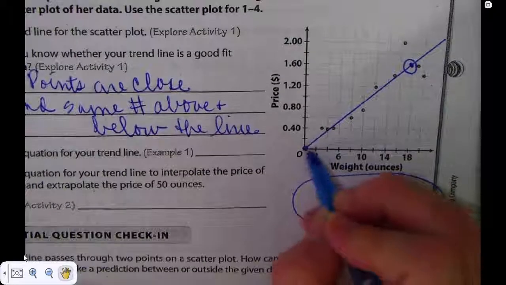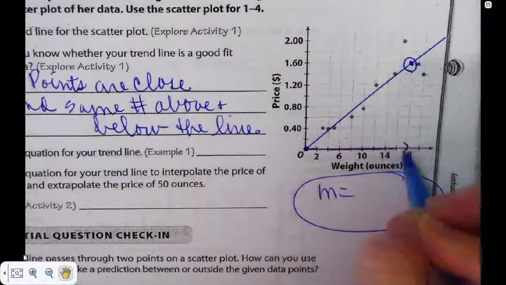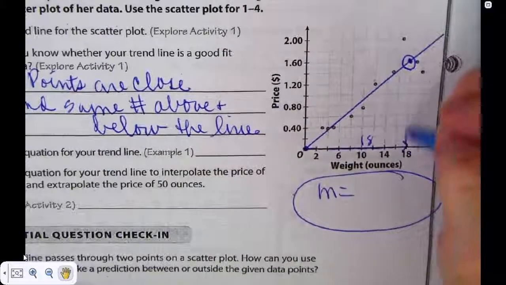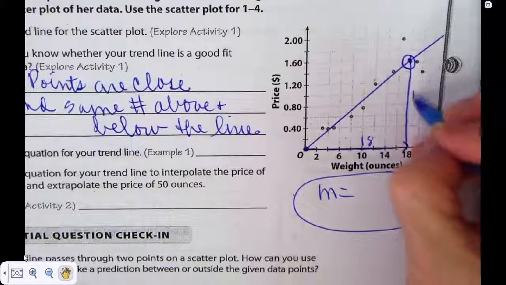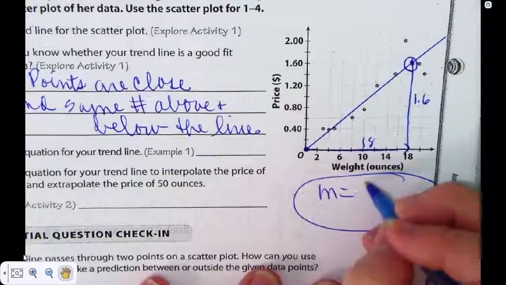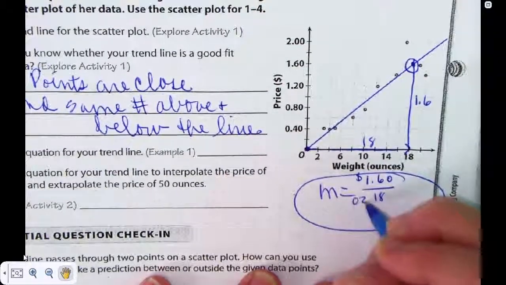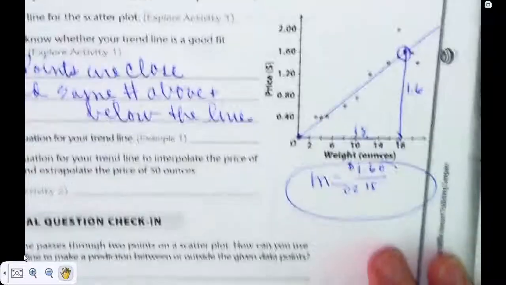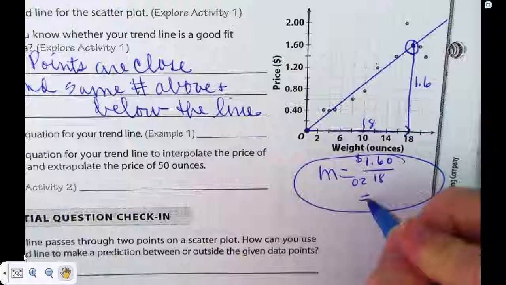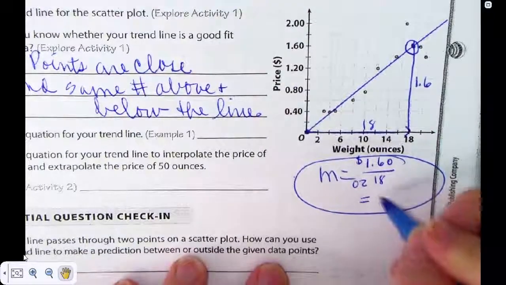Okay, we're going to go over how many? 18. We're going to rise how much? Right. So that's 1.60 divided by 18 ounces. Round it off to the nearest cent, which would be about what?